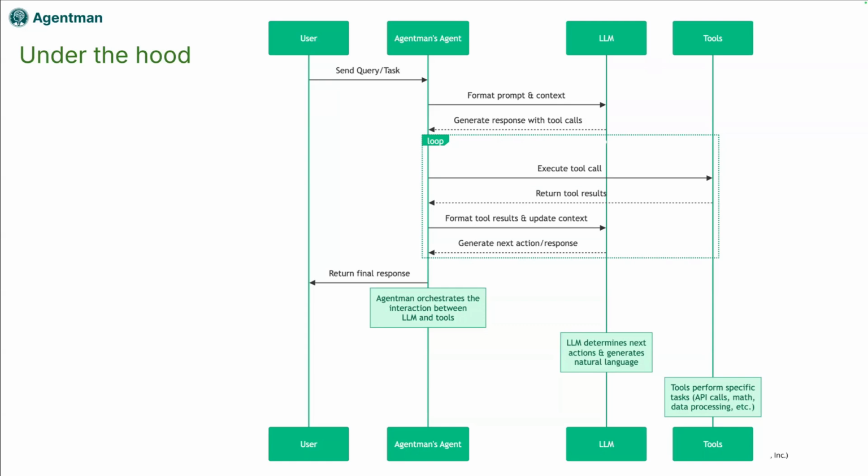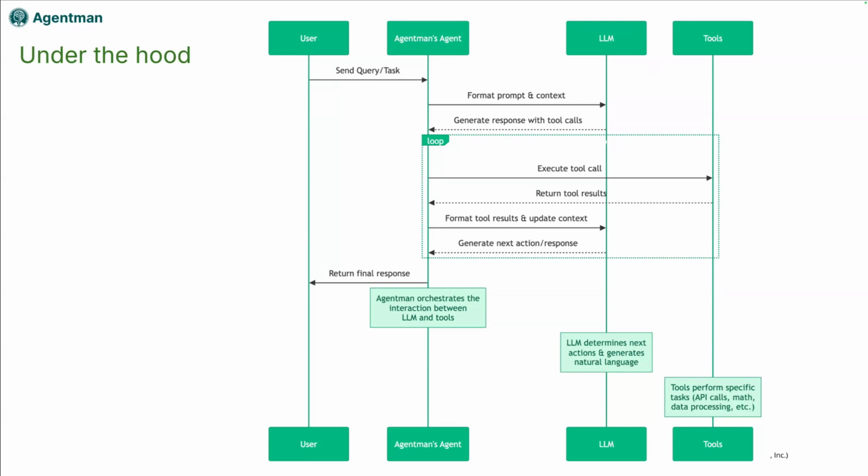So when a user sends any query or task or any text whatsoever, the agent that we build will format that, add context, and send that to the LLM. Then back, the LLM will generate a response with the tool calls, and that's where we get the loop, where it's executing a tool call, returning the tool results, formatting back and updating context, and sending back to generate any other new action or response.